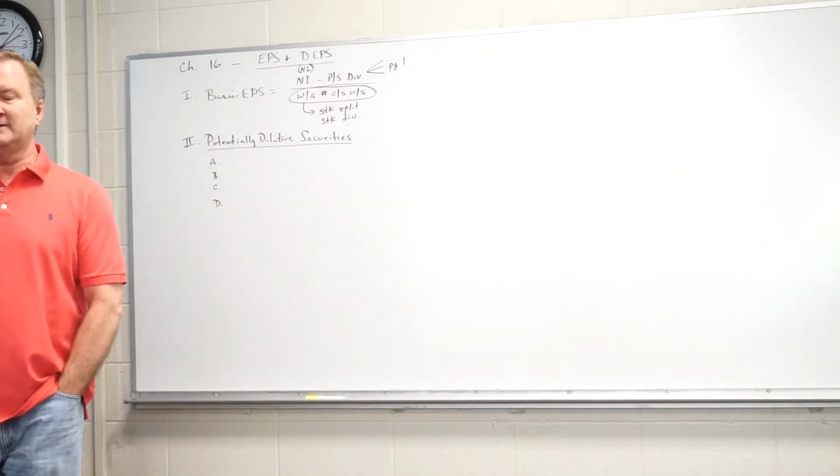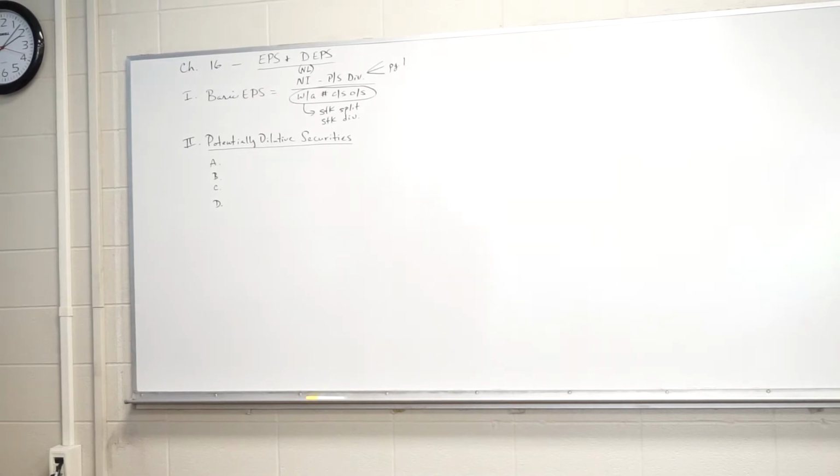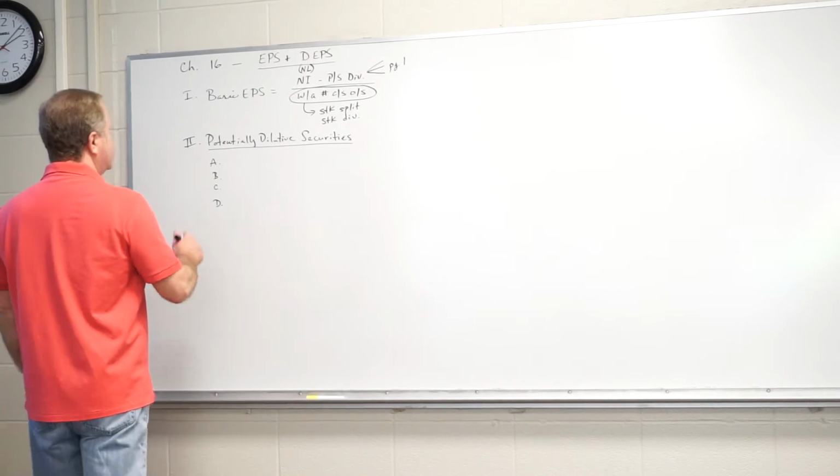Something outstanding that has the ability to become additional shares of common stock without the company's permission. There's something outstanding that has the potential to become additional shares of common stock without the company's permission.